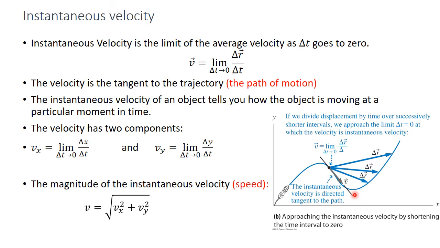This is different from what we did in one dimension, where we drew x as a function of t. When we draw x as a function of t, the slope of the tangent is delta x over delta t, which directly gives us the velocity. Here we're plotting y as a function of x. So the slope of the tangent is not the value of the velocity.